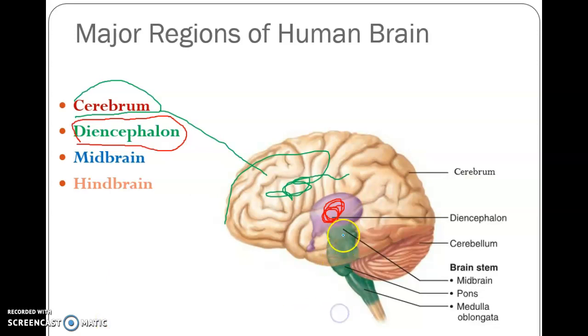And the midbrain is this little tiny sliver. It has the substantia nigra, it has the tegmentum, it has some important regions. And the reason this is separate from the brainstem right here is that it is from a different developmental part of the nervous system.